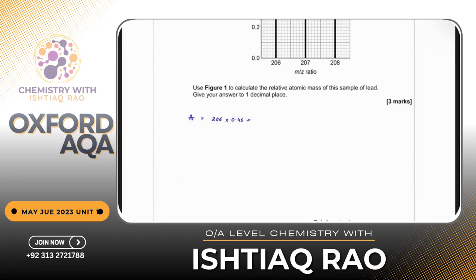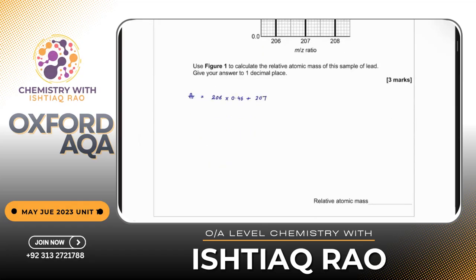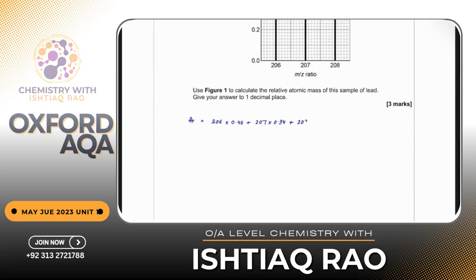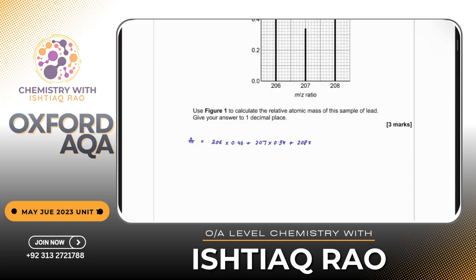Plus another is 207. What's the abundance for 207? Again, this is 0.3, 0.32, 0.34. Yeah, it's 0.34. And the next one is 208, and its abundance is going to be exactly 1.